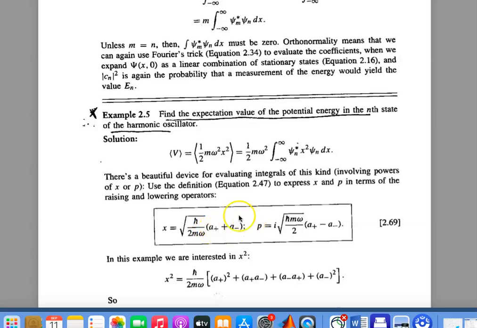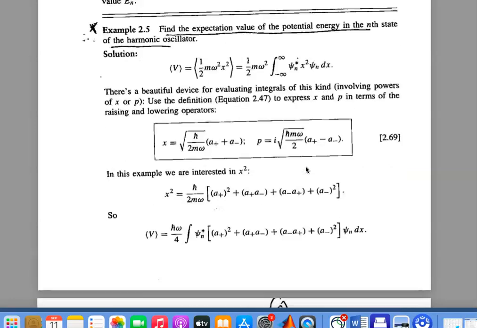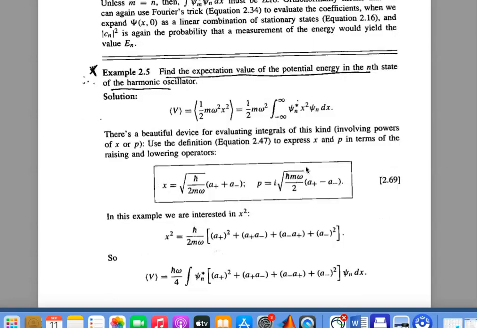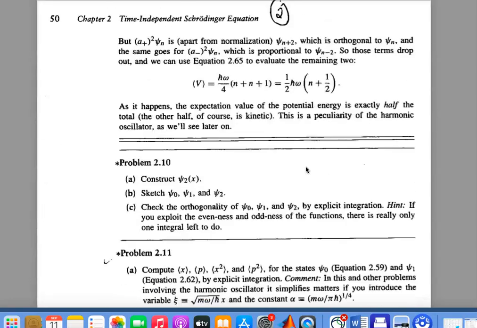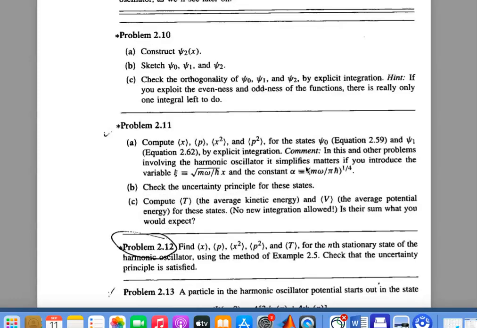Then you put that quantity in sandwiched in between, and you let the operator a plus operate on psi n. You let a negative operate on psi n, and you get two expressions, and you can perform the integration. All right, I hope this helps some for your being able to solve problem 2.12.